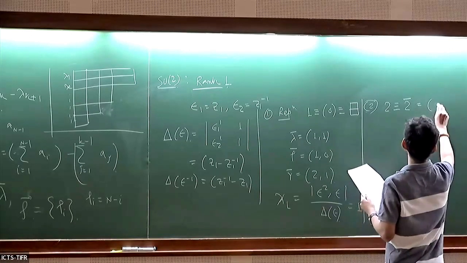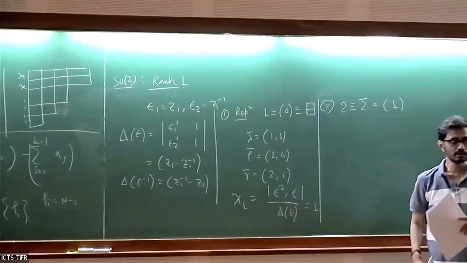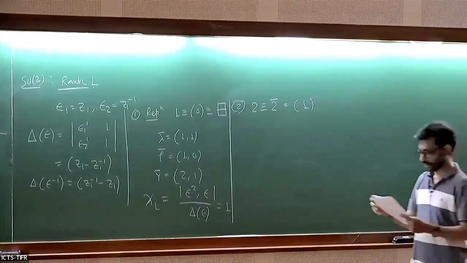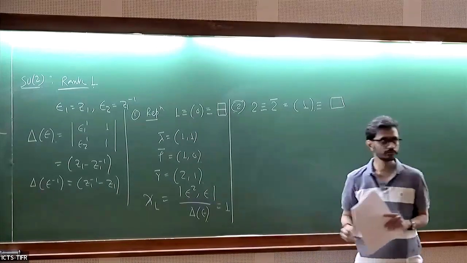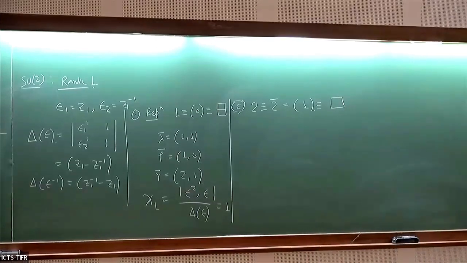What is the Dynkin level? It is 1. Okay. And then the Young diagram is given by a single box, because that's the lowest dimensional fundamental representation for SU(N). The SU(N) n-dimensional representation is a single box in the Young diagram. Yes.